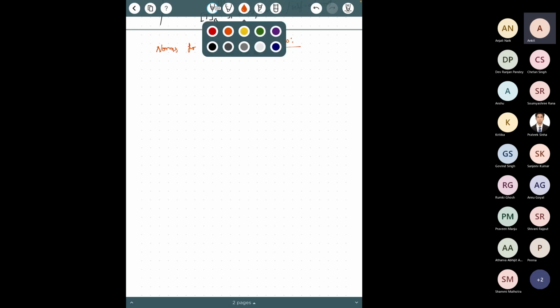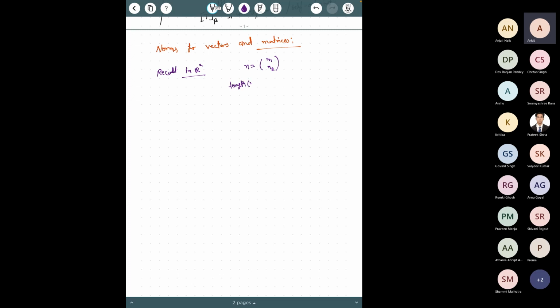You know what the length is in R2 or R3. So let's recall in R2, if I have a vector x, let's say x1, x2, then what would be the length of x? It is nothing but the square root of x1 square plus x2 square, right?